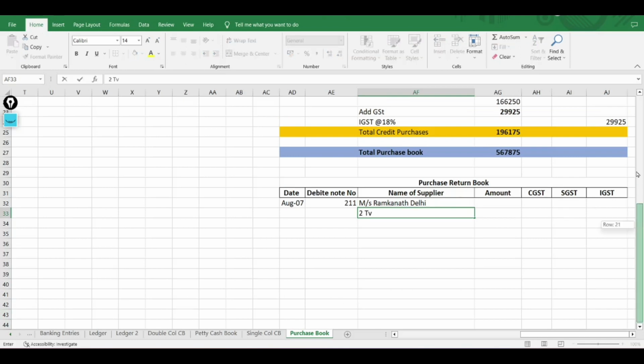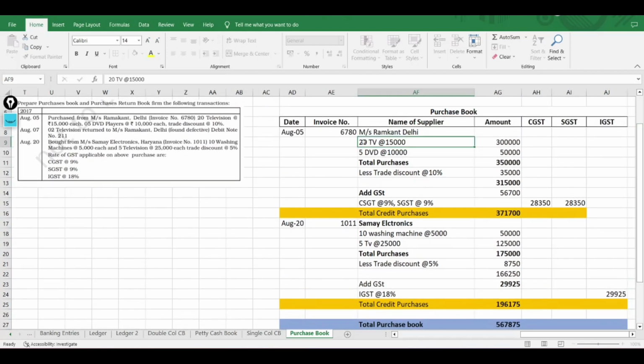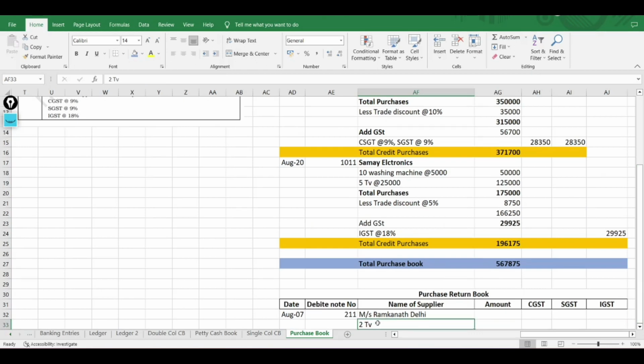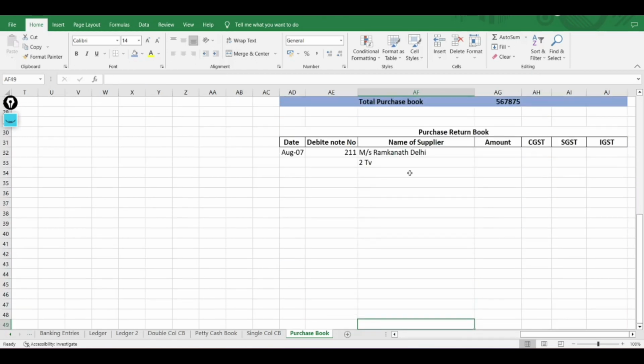Now, at what rate had we purchased from them? We had purchased 20 at 15,000 rupees. Now we are returning 2 at 15,000 rupees. So 2 into 15,000 rupees is 30,000 rupees.